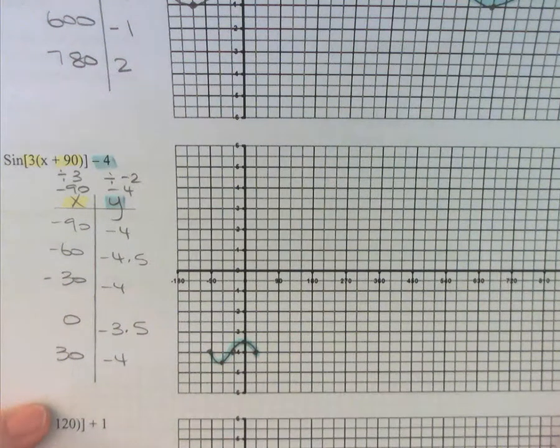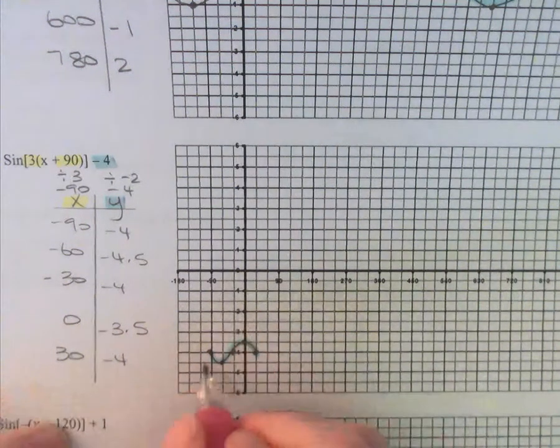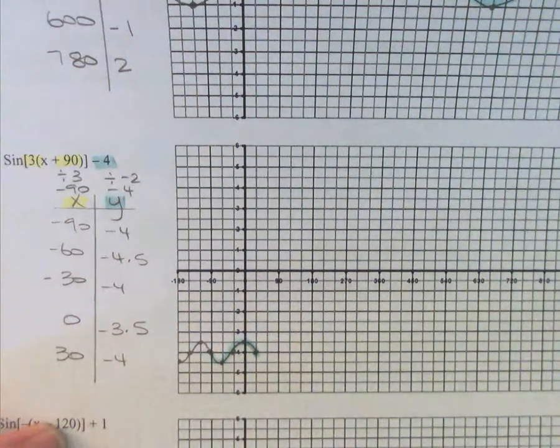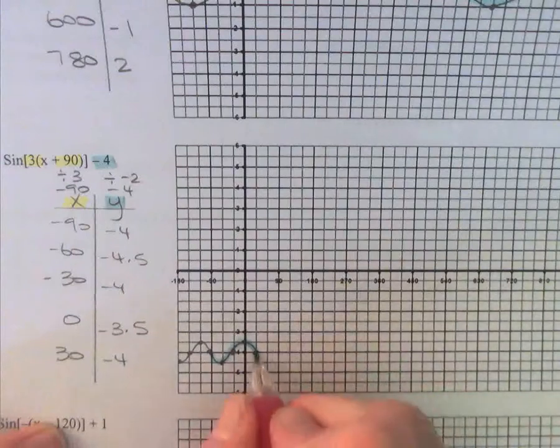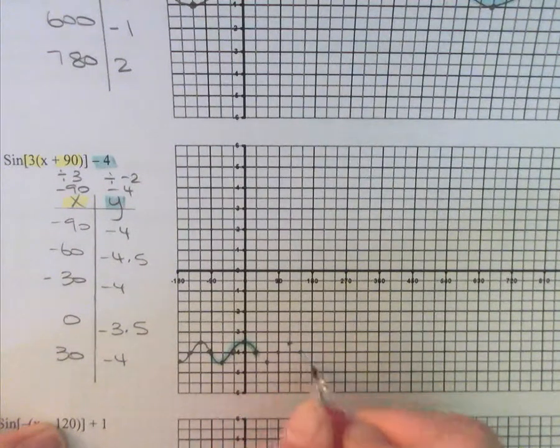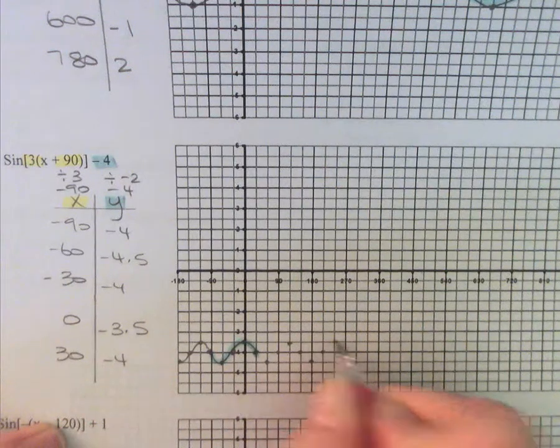Okay, and now we can pattern it out. So there's one space between every one. So there's that part, and now we can keep going this way. So we're going to go down, up, up, down, and we're going to keep going.